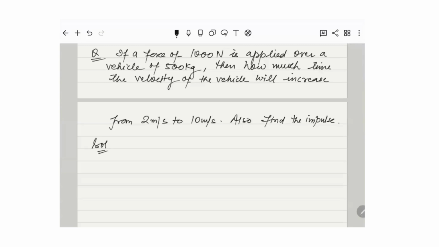See the screen. What is this 1000 Newton? Alisha, can you tell me what is given? 1000 Newton. Force of, right? So this is the force, F. So write down F is 1000 Newton. 500 kg, what is it? Mass of the vehicle? 500 kg. Right?